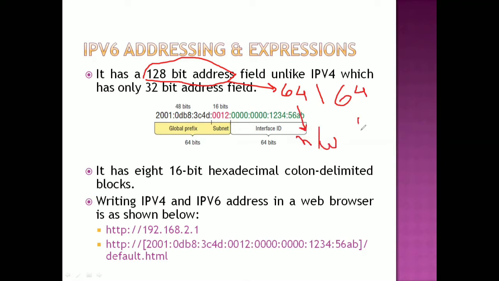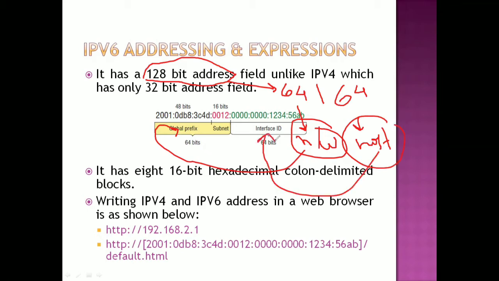Here we don't have the network and the host portion. Rather, these are called the global prefix. The network portion is called the global prefix, and the host portion is called the interface ID. So this 64-bit is the network prefix, the global prefix, and this is the interface ID.